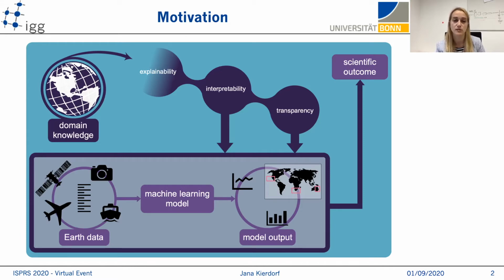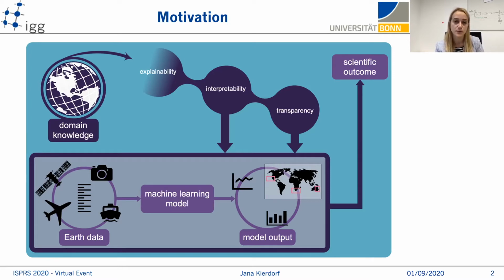To derive an explainable machine learning model, there are three core characteristics which play an important role. There is a certain transparency, where you can have access to the model components and maybe also the motivation why a specific design was chosen. Furthermore, interpretability and explainability play an important role in the process to improve the results.